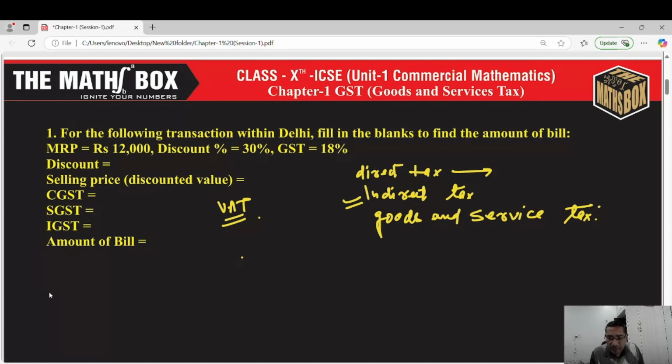So whenever things are transferred from one point to another, the taxes are added. So GST is levied at every point of sale, transfer of goods or service, or both.